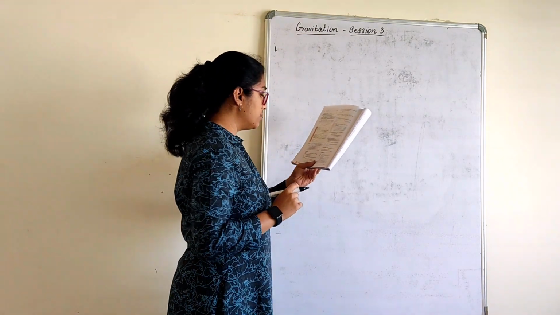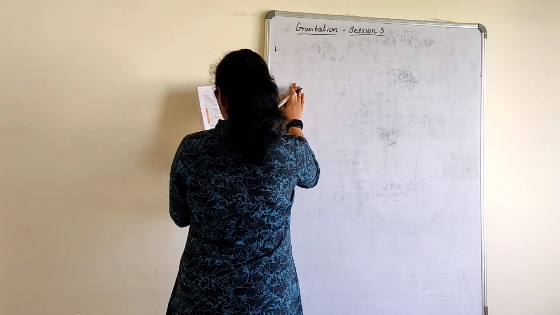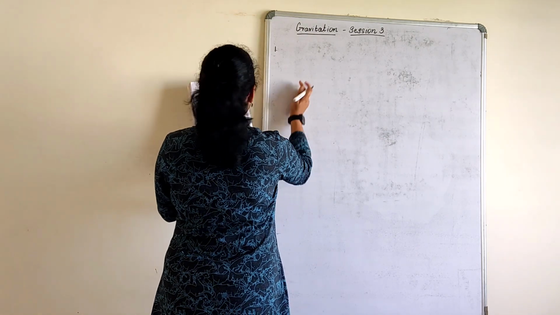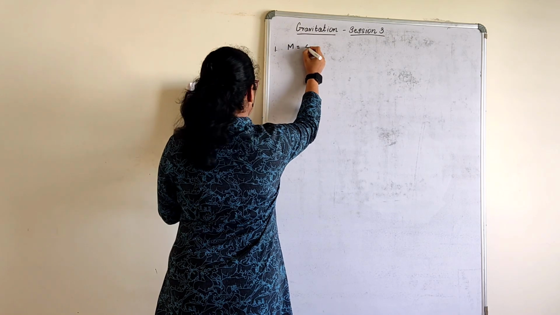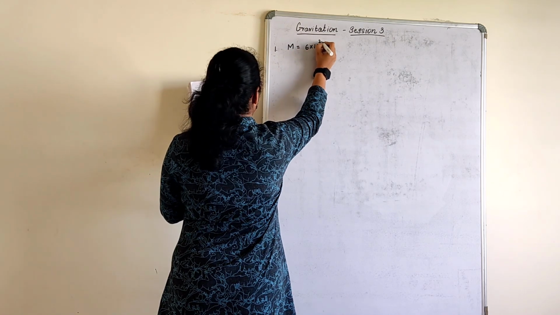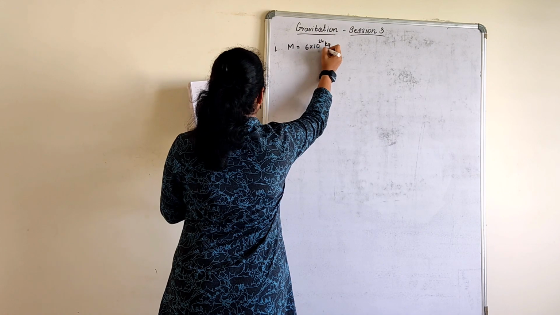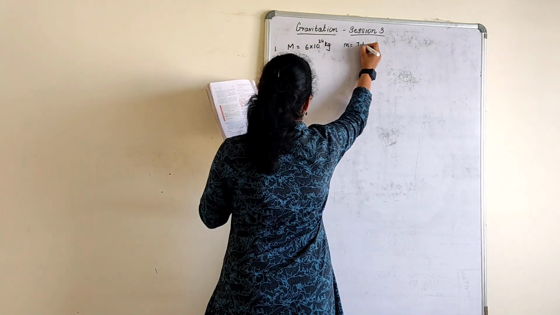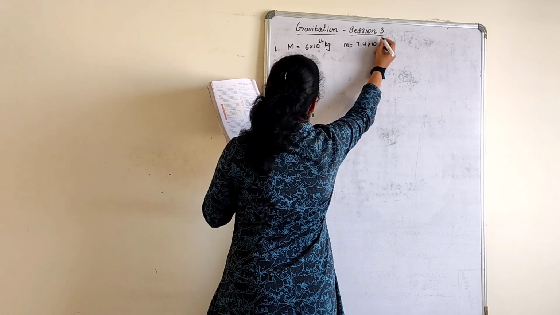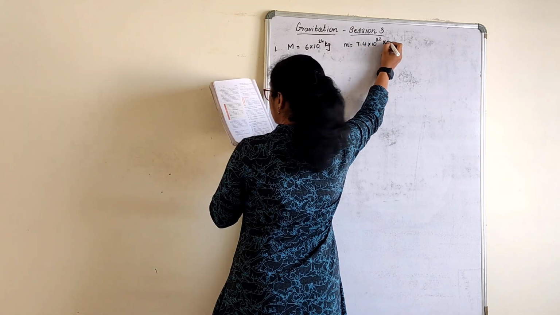The mass of the earth and the mass of the moon are given. I'll consider the mass of the earth as capital M, 6 into 10 raised to 24 kg, and that of the moon is 7.4 into 10 raised to 22 kg.